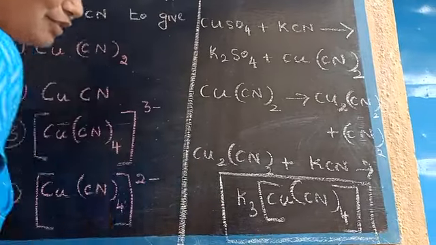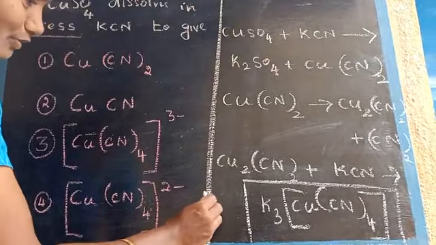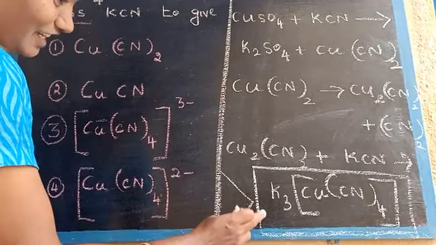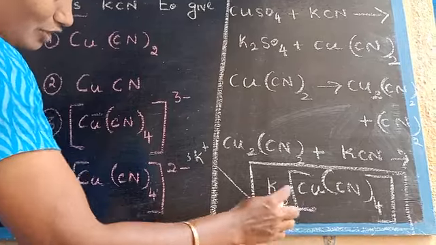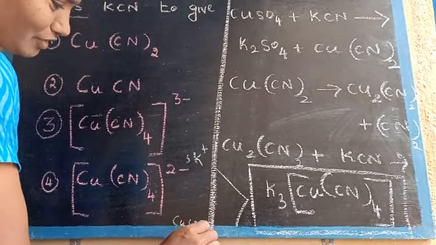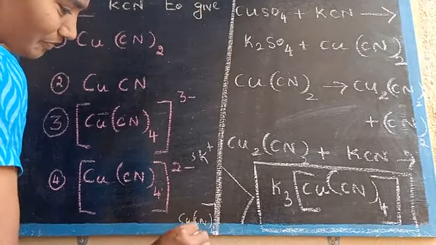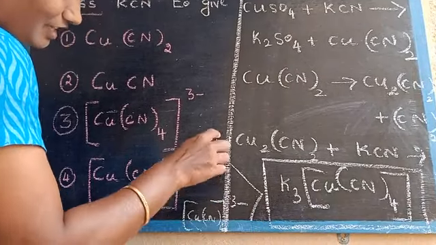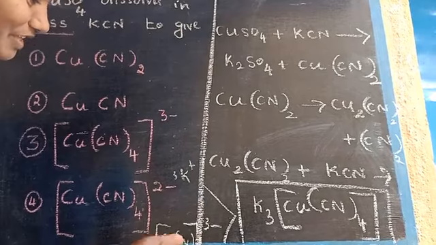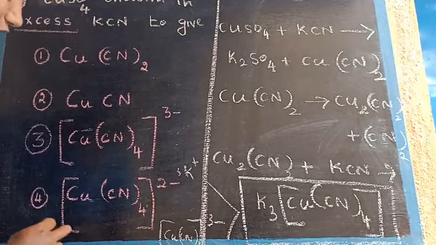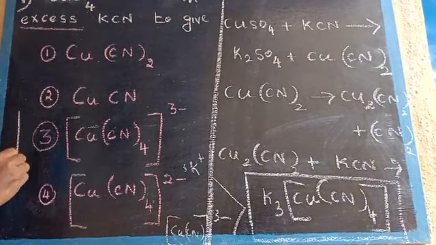Potassium cuprocyanide is split into cation and anion: potassium K plus, 3 times, and the complex [Cu(CN)4] 3 minus, because the same number of negative charges are released. So what is the correct answer?